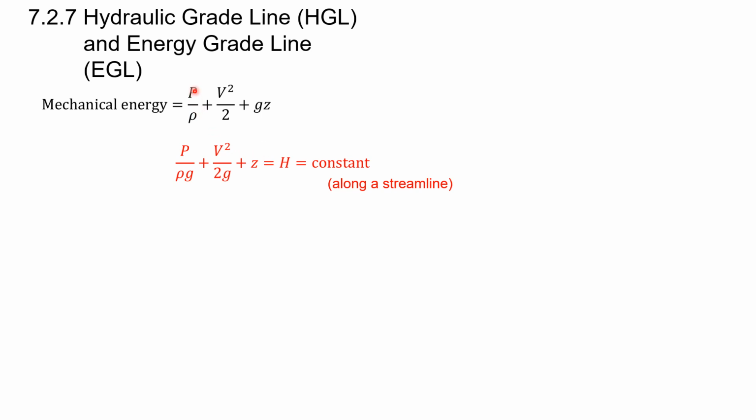So 1 over g, the first component is p over rho g plus v squared over 2g. Here the g will be cancelled, so 1 over g times 1 over g, and you will get H. H is the constant that will be used to calculate this HGL and EGL.